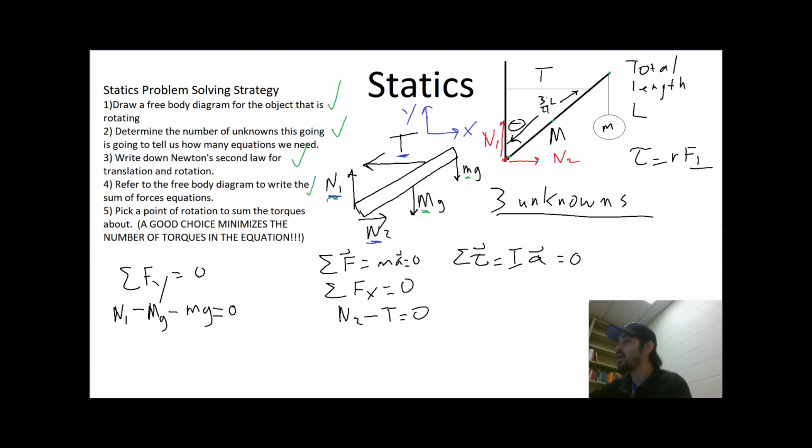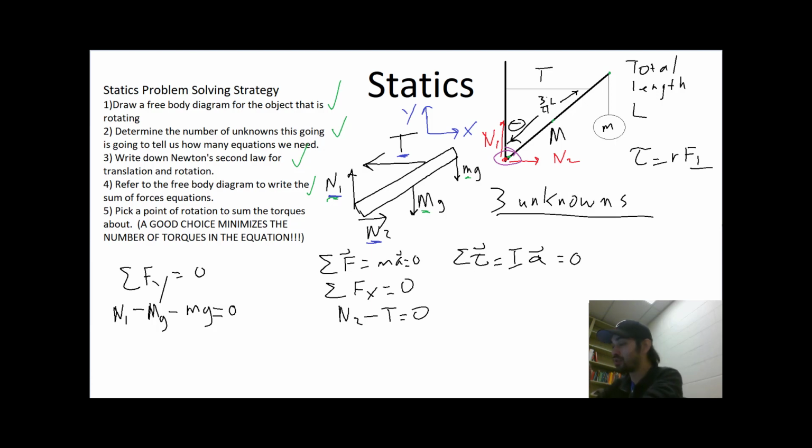The same thing is true if I pick the middle of the bar, because the torque from the beam about the center of the bar is also 0. But there actually is a better choice, and that's to choose the point at the bottom. Okay? We're going to choose the point at the bottom because it gets rid of 2 torques. N1 and N2 both act at that point. Okay? So we've identified the point that we want to sum the torques about.